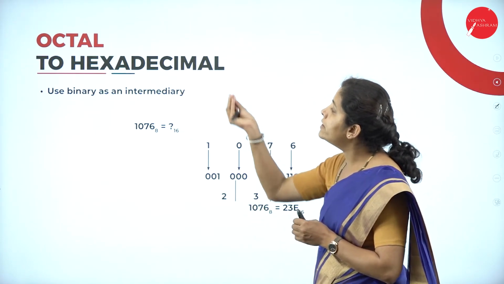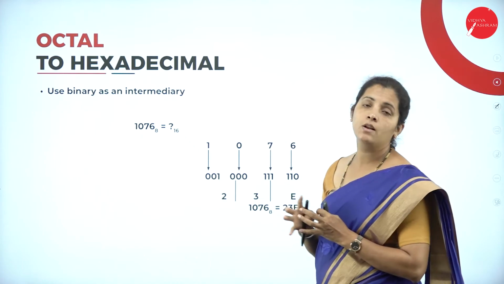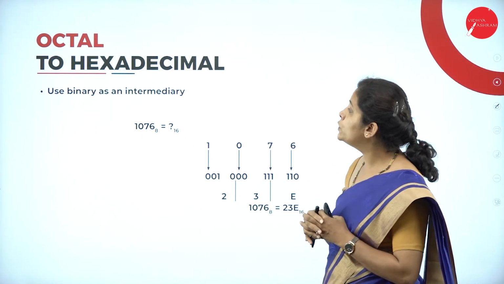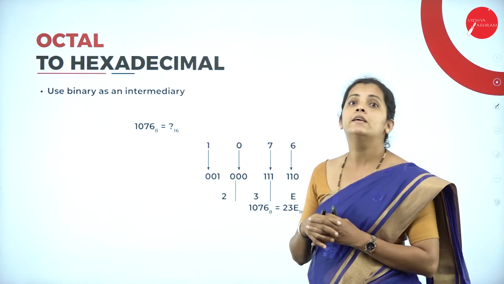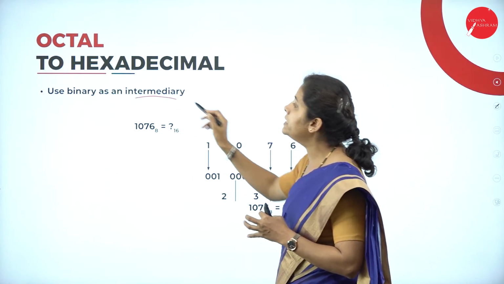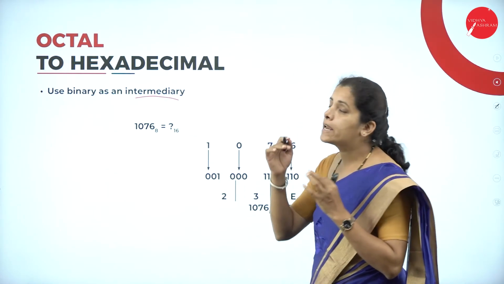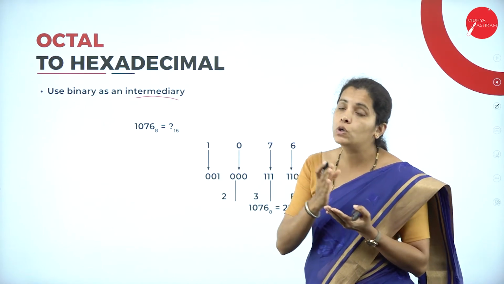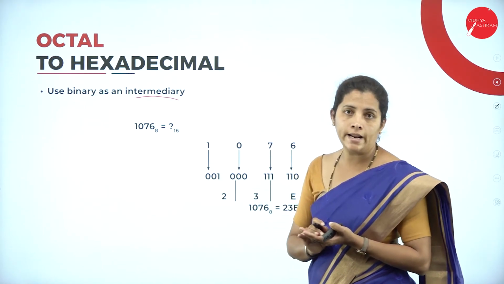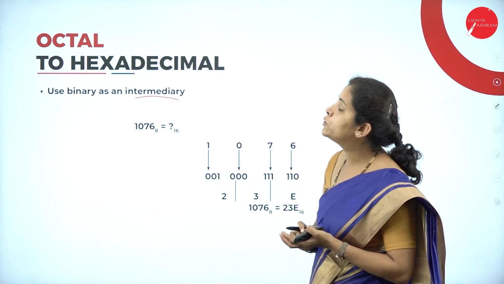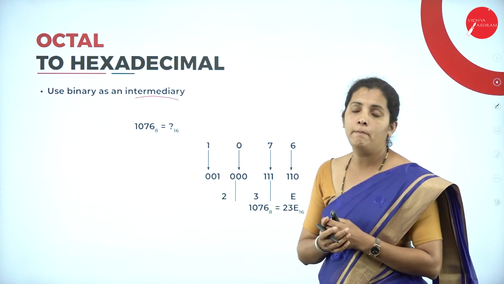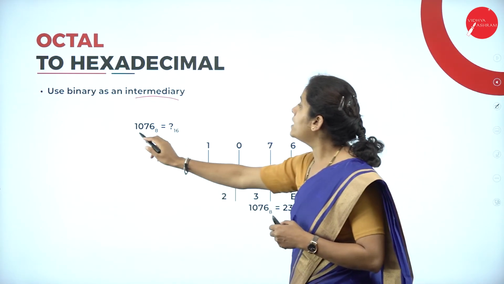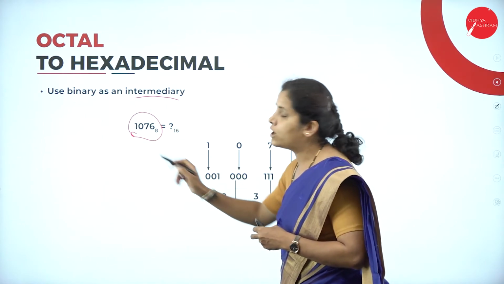So, to convert octal to hexadecimal, once again, I am going to use binary as my intermediator, because I cannot convert octal to hexadecimal directly. So I am going to take the help of binary. This is my octal number.